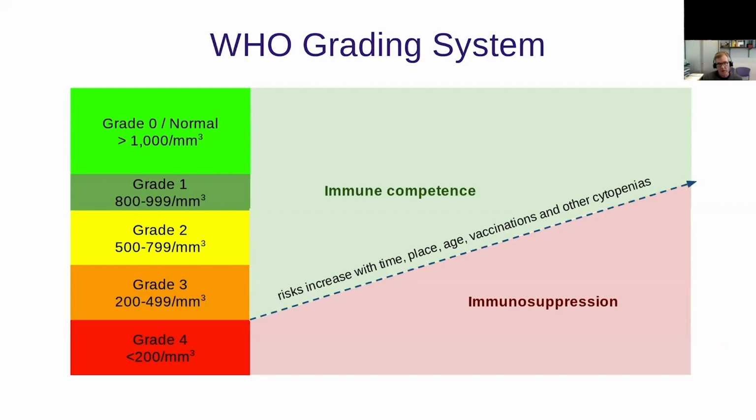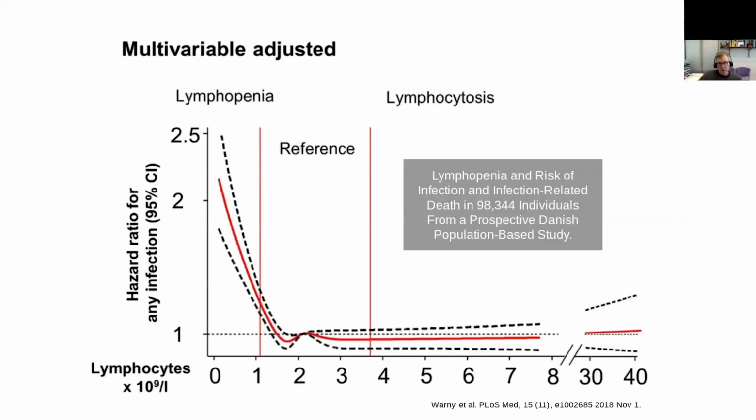There's also the issue of aging, whether or not you have previous immunity to whatever infection you're exposed to, or other cytopenias combined with the lymphopenia. If it's lymphopenia in isolation, it's slightly different to somebody who's lymphopenic and also neutropenic, obviously. What I want to point out is that the WHO classification is really not based on science. It's a bit of a thumbsuck to make it easy for people to remember.